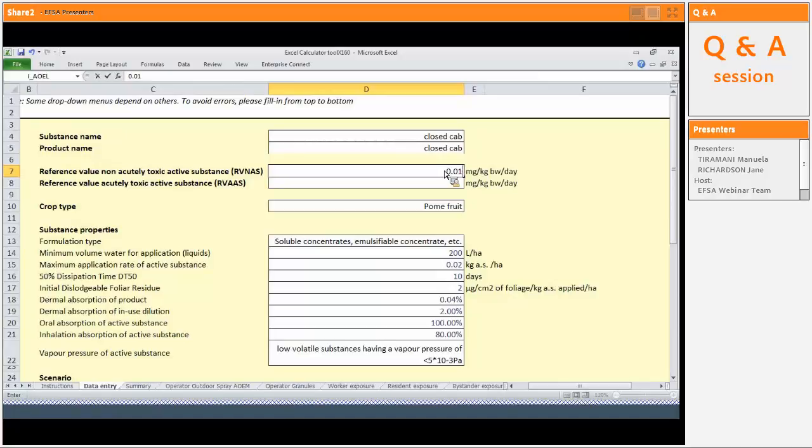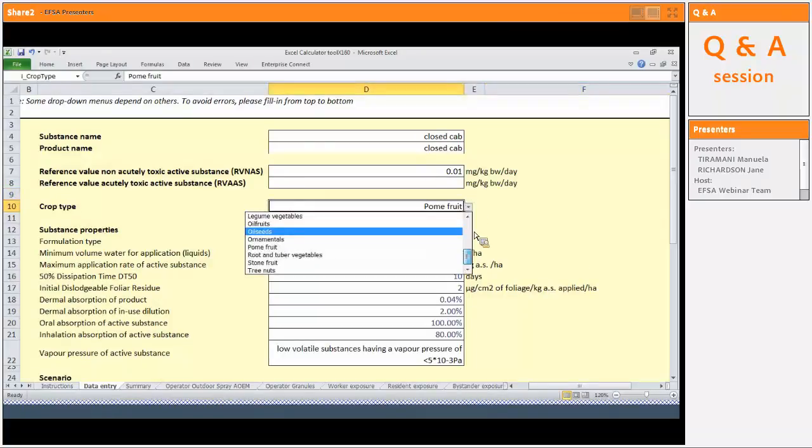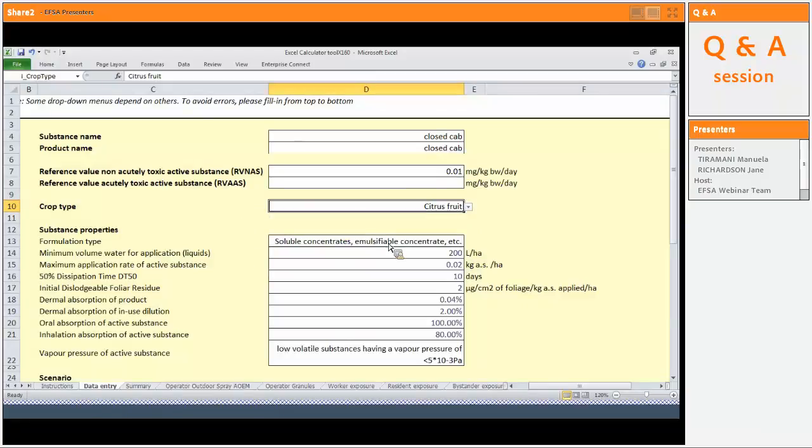So here we're going to do an AOEL of 0.1, and we're going to look at, say, for example, citrus fruit, although really for any of the trees it doesn't matter so much, they're quite similar. We stay with the soluble concentrates, 200, and we change the application rate to 0.1. So we're using a reasonable concentration, and we're going to have quite a high amount of active substance.